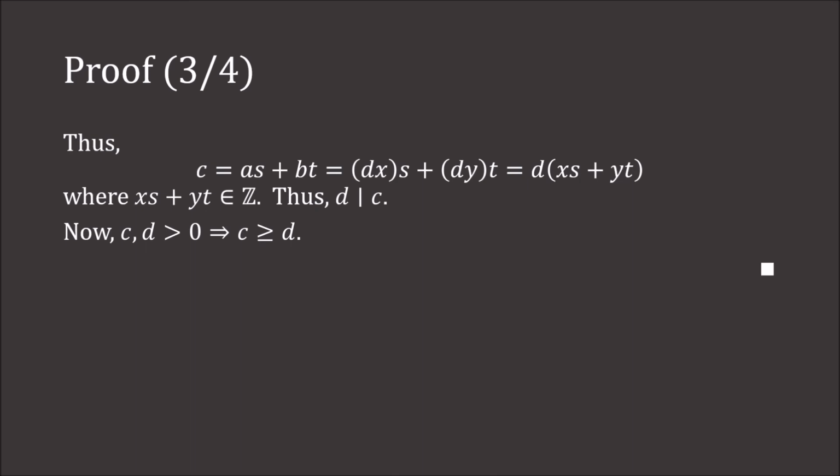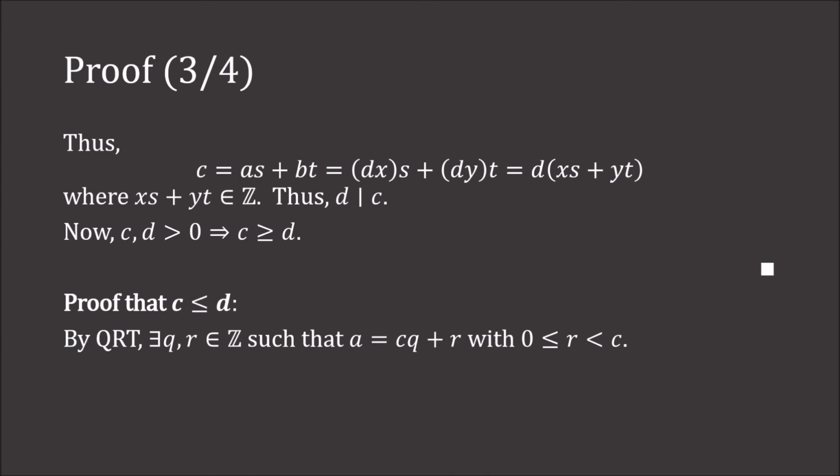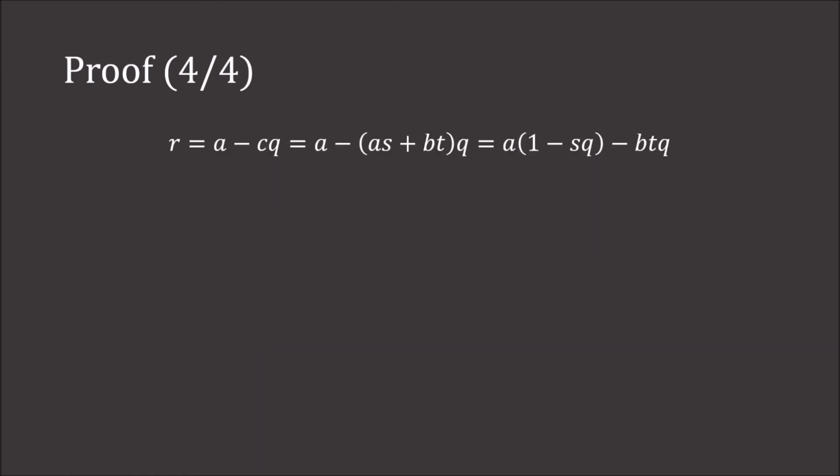Now the proof that c is less than or equal to d. By the quotient remainder theorem, there exist integers q and r such that a is equal to cq plus r, with 0 less than or equal to r, which is less than c. So r would be a minus cq. However, c is as plus bt, and hence r equals a minus (as plus bt) times q.